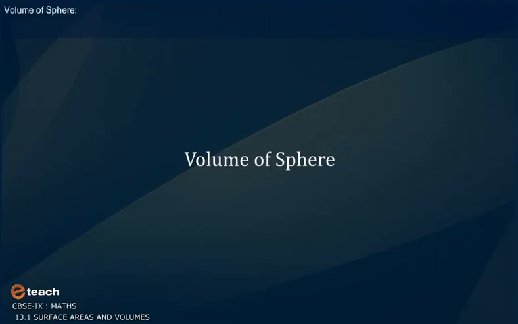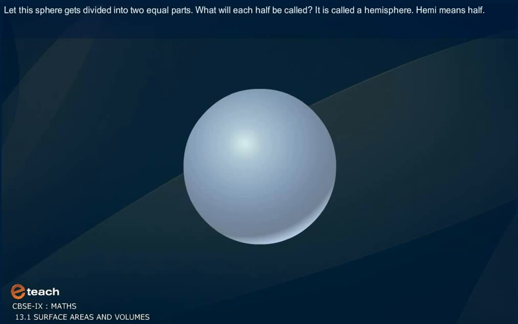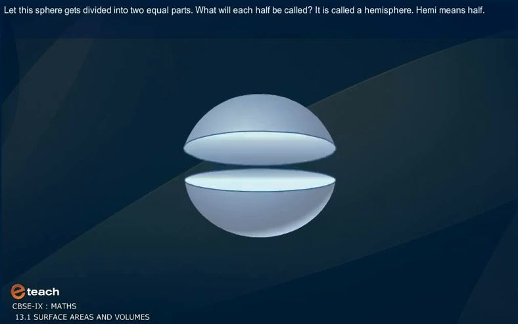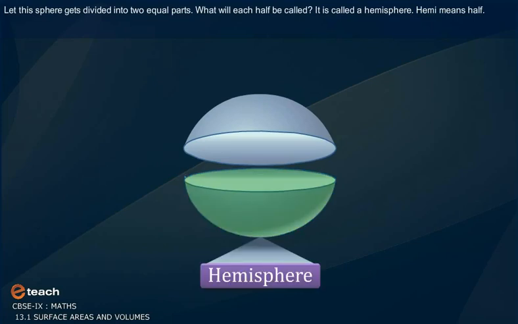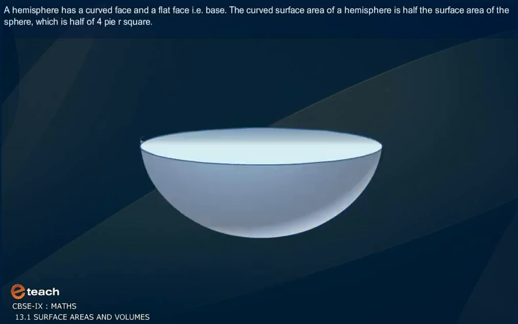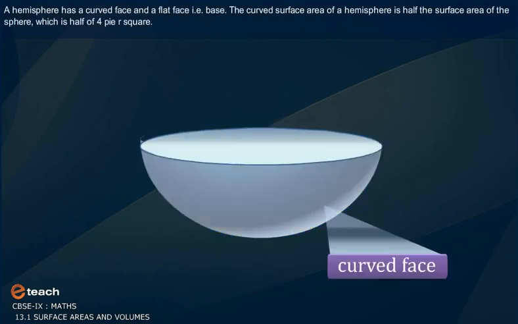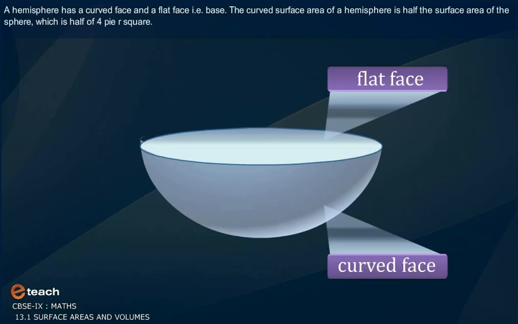Volume of sphere. Let this sphere be divided into 2 equal parts. What will each half be called? It is called a hemisphere. Hemi means half. A hemisphere has a curved face and a flat face, that is the base.